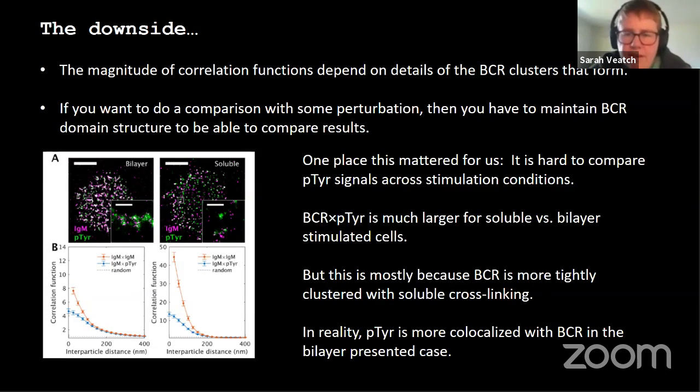But if you do a more sophisticated analysis, you would guess that there's actually more activation in the bilayer case, and more co-localization with the B cell receptor clusters, because the BCR autocorrelation looks a lot more like the BCR phosphotyrosine cross-correlation.